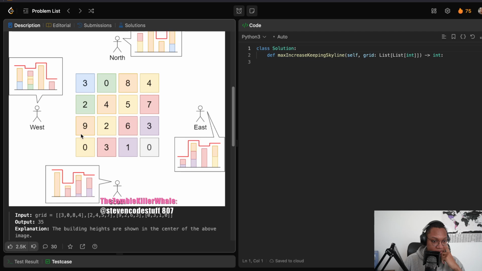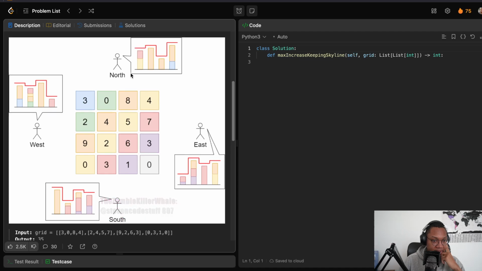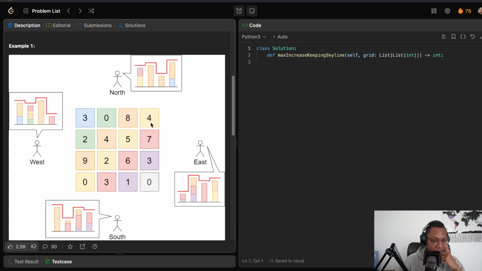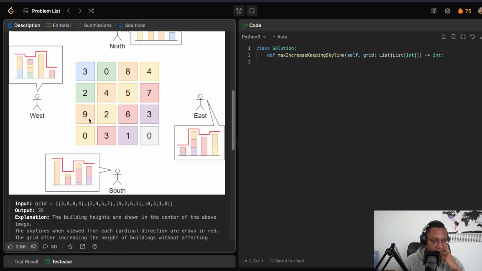South. So we have this one, which is 9. It's really big. Is this every order? Maybe the tallest one in every order? Because this one's 9. And in this one, it's 3 and then 2. Yeah, I don't get it.